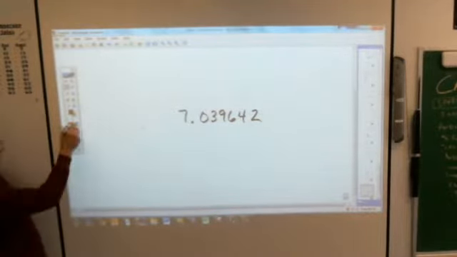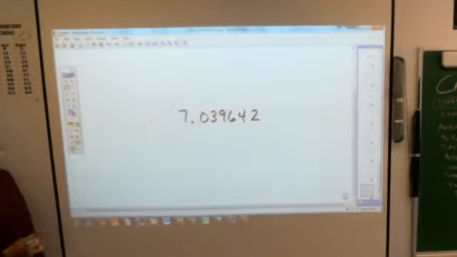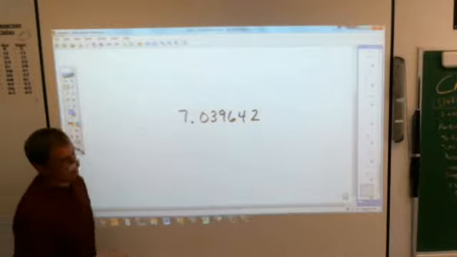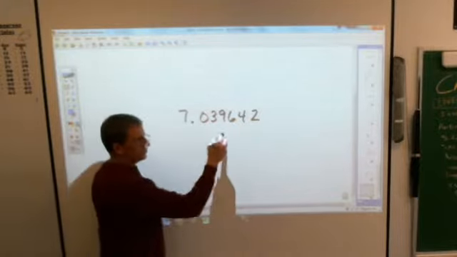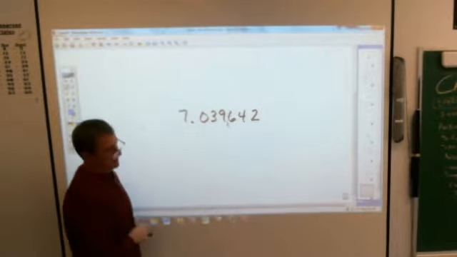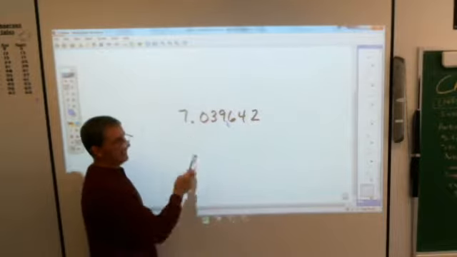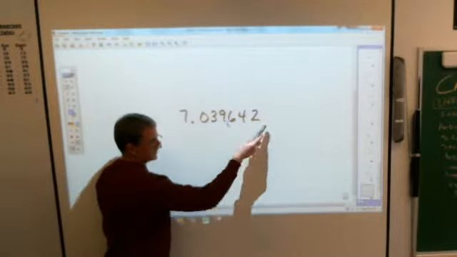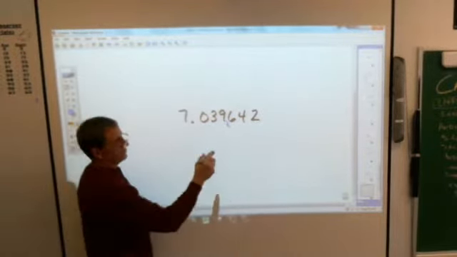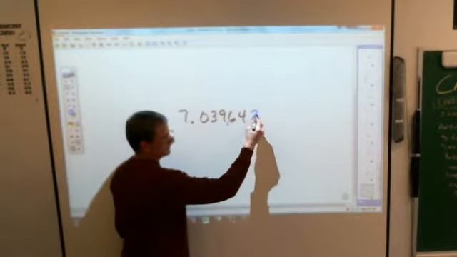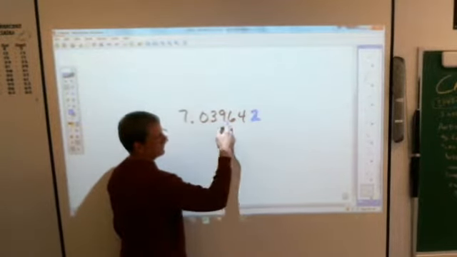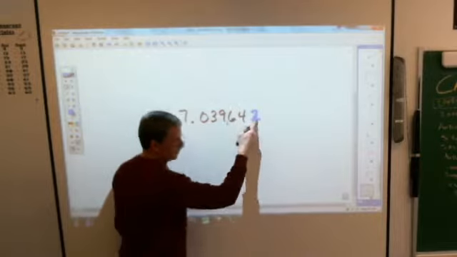Now, technically, boys and girls, just like in normal numbers, you're supposed to put a comma after every 3 digits. So it is in decimals. Technically, if you're doing this because it makes your life a lot easier, you should put a comma there, because that just makes the person's job easier to read it. Because this is 7 and 39,242. And what place is this 2 in? Tenths, hundredths, thousandths, 10,000ths, 100,000ths, millionths.